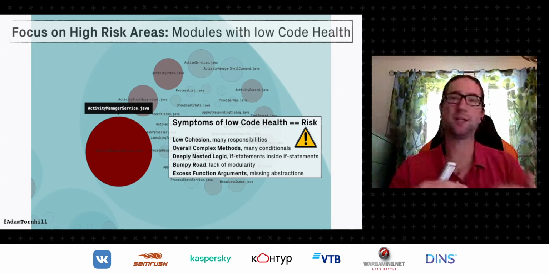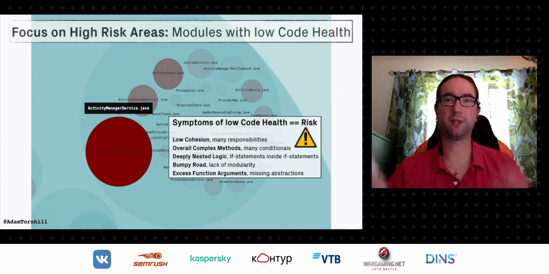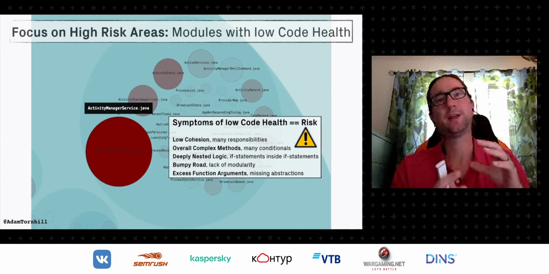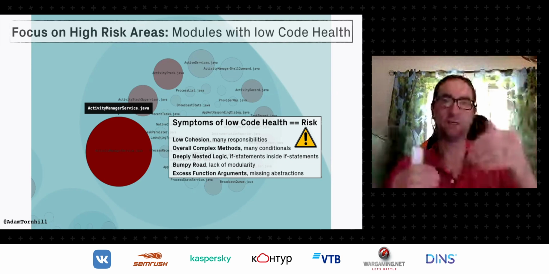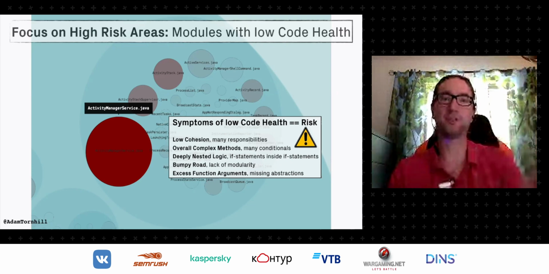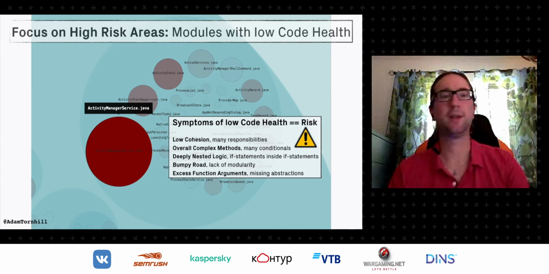So maybe it's involved in implementing 4 or 5 different features, right? This is often a reason why hotspots become problematic, because with many different responsibilities in the same code, it's also going to have many reasons to change. And that in turn means that many different developers are likely to work in parallel on that code, which puts you at risk for things like unexpected feature interactions, which are some of the worst bugs you can ever have.